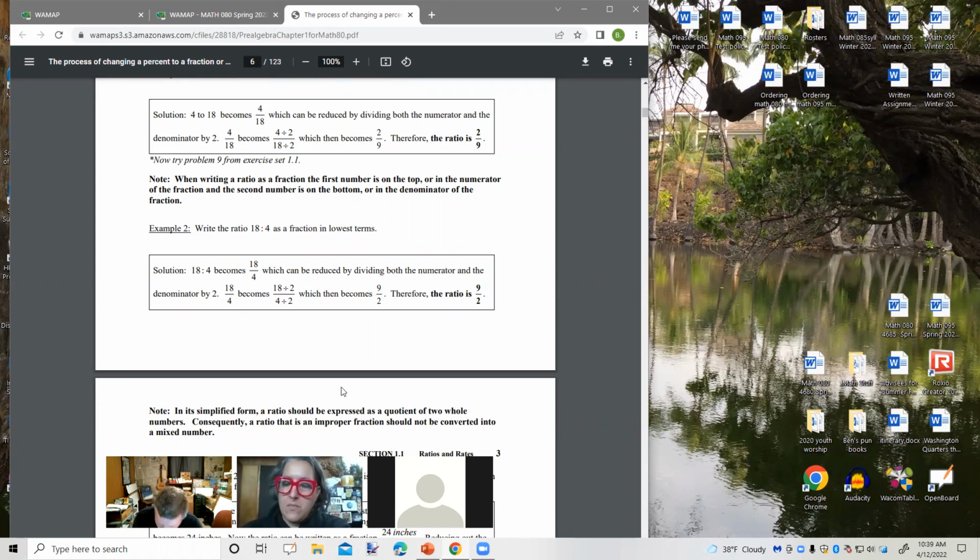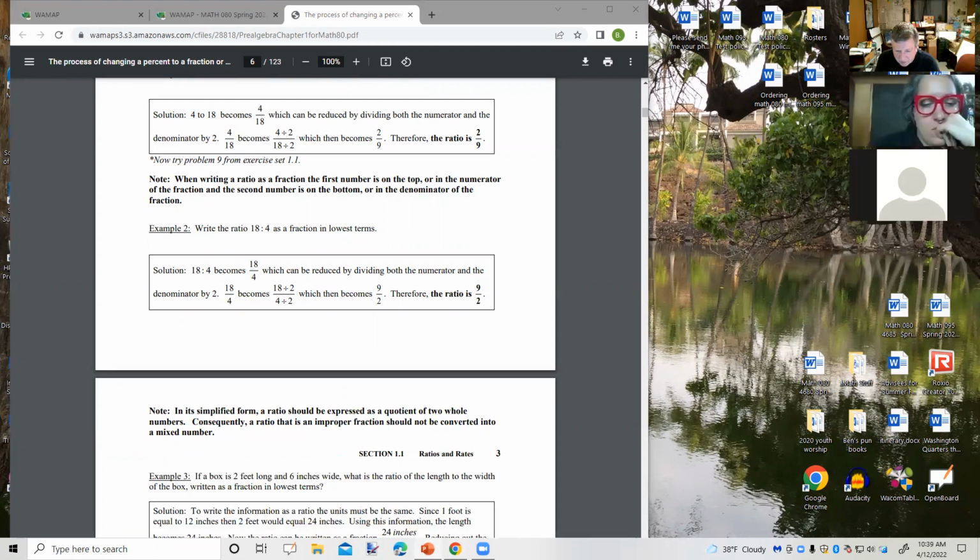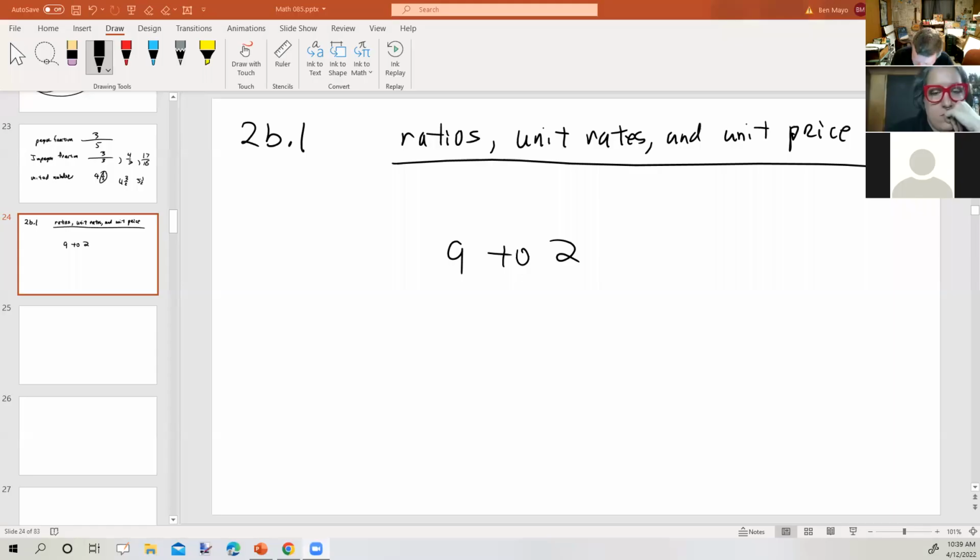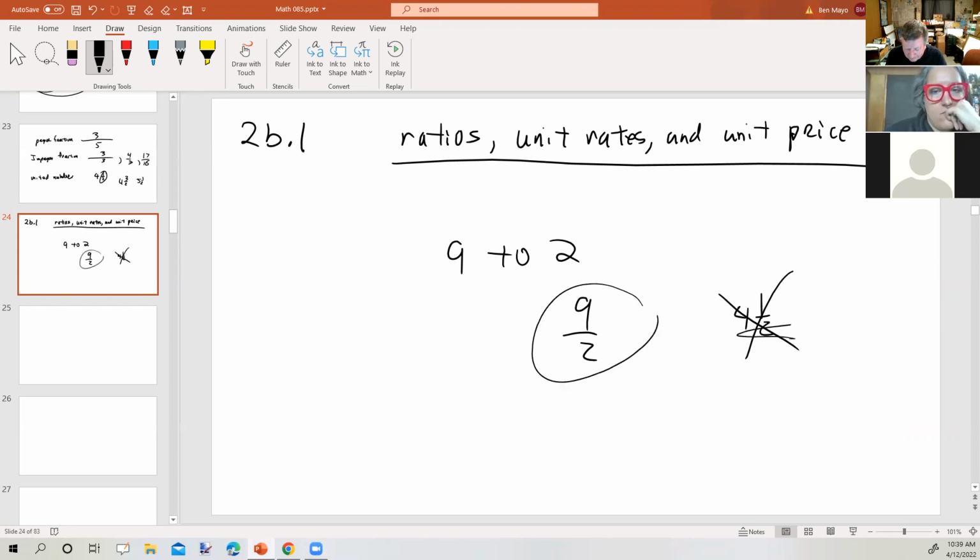So if you took the ratio of 9 to 2, and you wrote it as 4.5, that is incorrect. A ratio in its lowest terms should be a whole number compared to a whole number. So in a final answer, you wouldn't have a mixed number. All right, any questions about that?